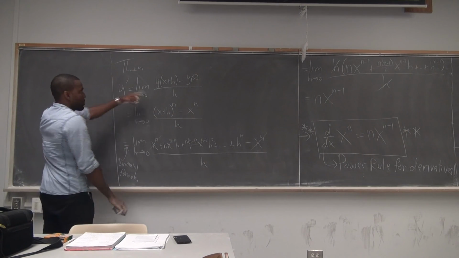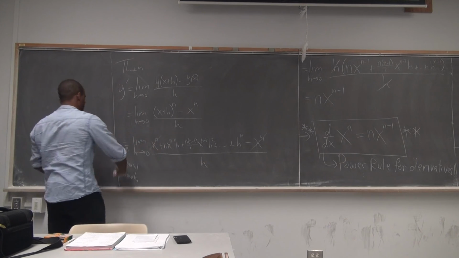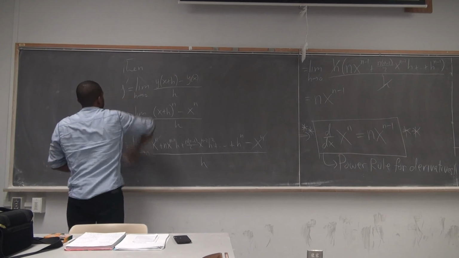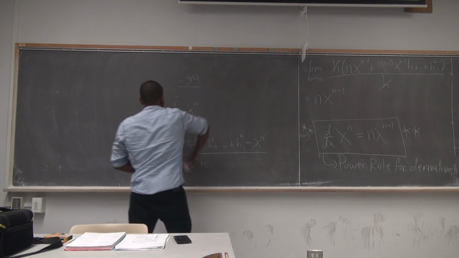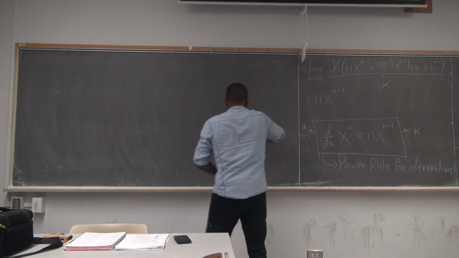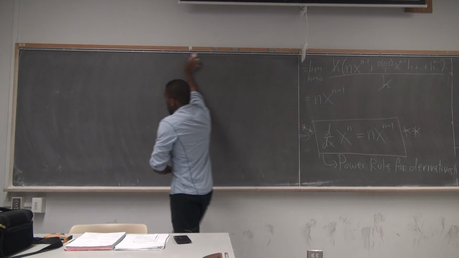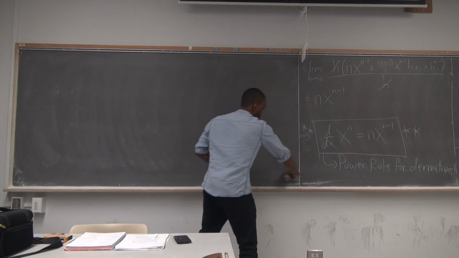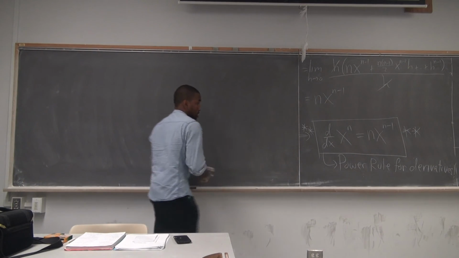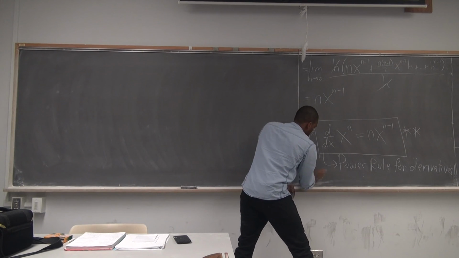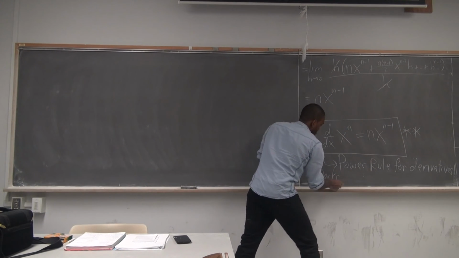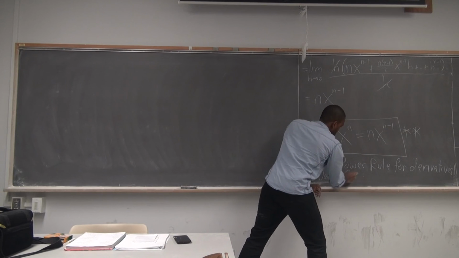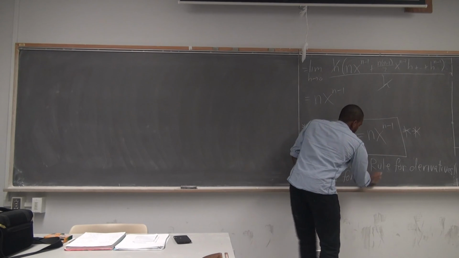You need a different proof if n was not an integer, but we need some more sophisticated machinery for that. I thought it would be cool just to show you what would happen if n was an integer and how things will expand. If n is not an integer, just let me make that note: it works for non-integer n's as well.